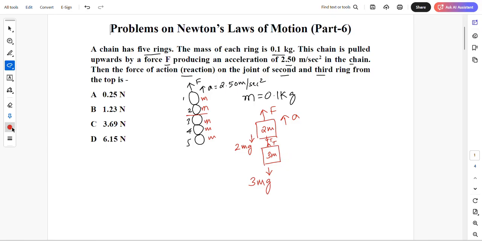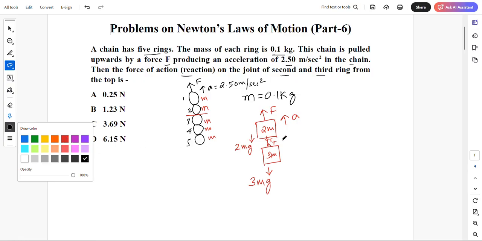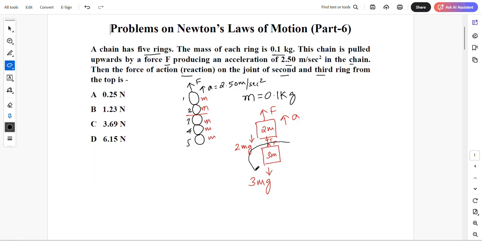Now let us calculate tension. I will apply Newton's laws of motion to this particular block. Now what is चलाने वाला minus रोकने वाला? चलाने वाला is in direction of T, in the direction of a. Therefore T minus रोकने वाला, which one?